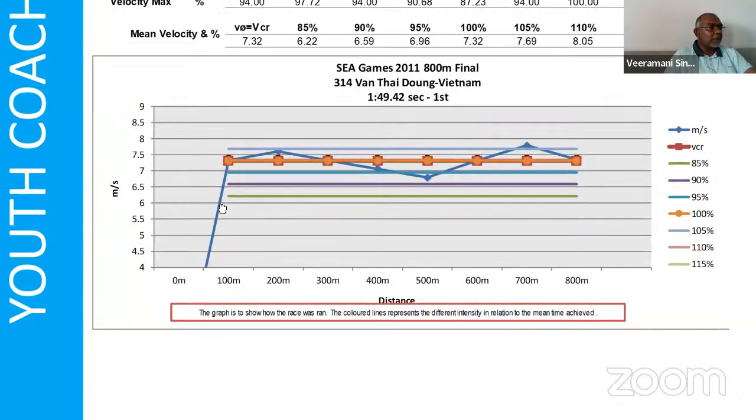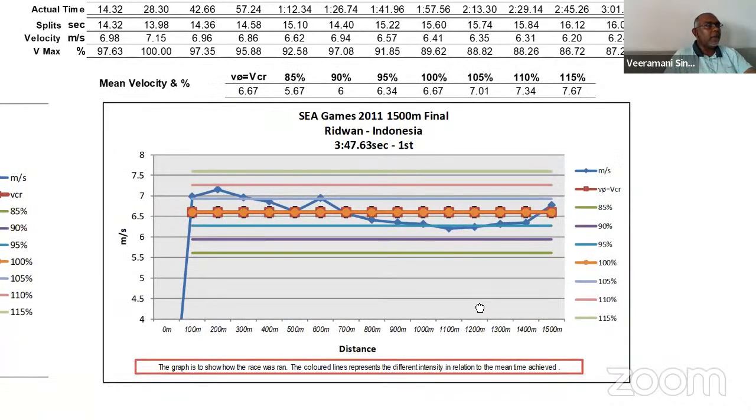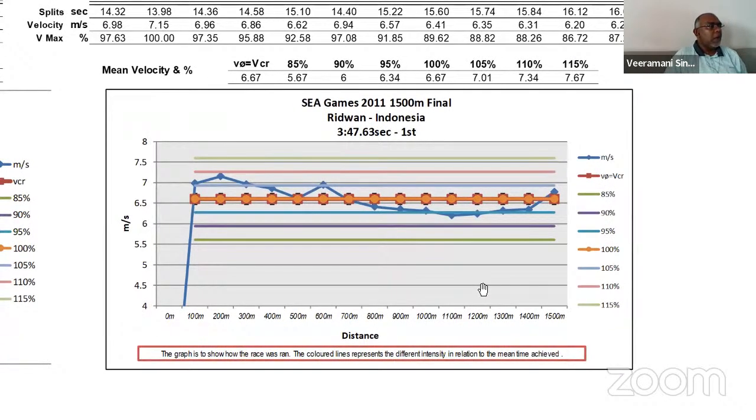As compared to, let's say, our 1500, also again, pretty much a very high performance. So it went up to above 105, even close to 110 almost in the first 200 meters. Again, establishment of speed. And then you can see there's a gradual dip. So again, this will not be an ideal performance for, let's say, a performance chase.